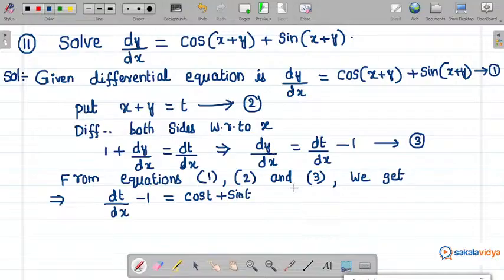Okay, transpose -1 to the right hand side, so then we get dt by dx equals 1 plus cos t plus sin t. I hope it's very clear to you, right?